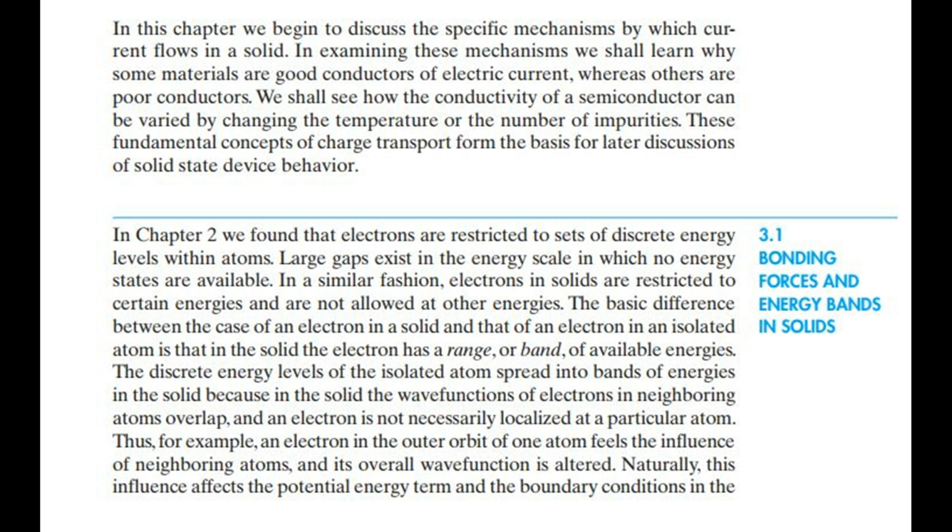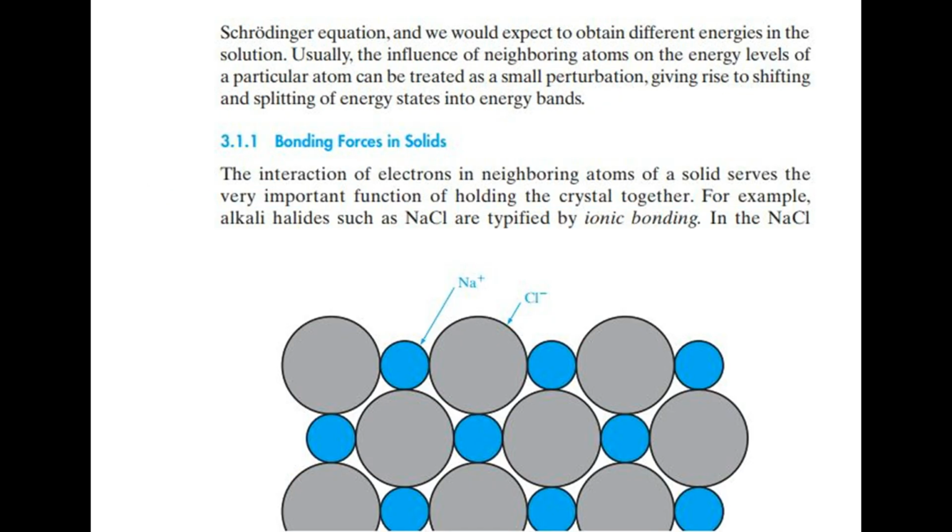Naturally, this influence affects the potential energy term and the boundary conditions in the Schrödinger equation, and we would expect to obtain different energies in the solution. Usually, the influence of neighboring atoms on the energy levels of a particular atom can be treated as a small perturbation, giving rise to shifting and splitting of energy states into energy bands.